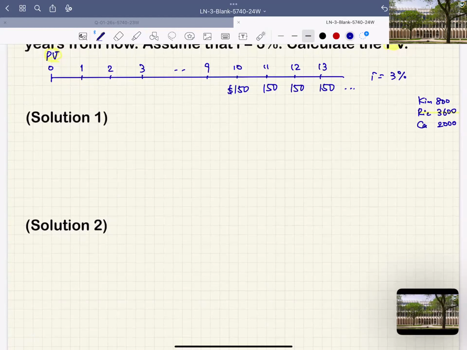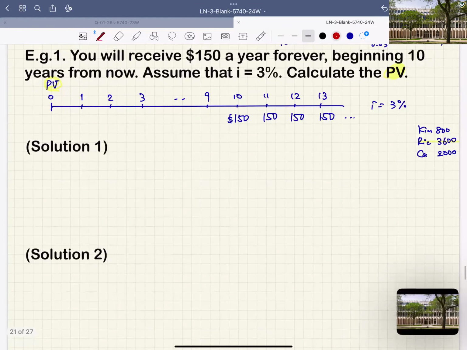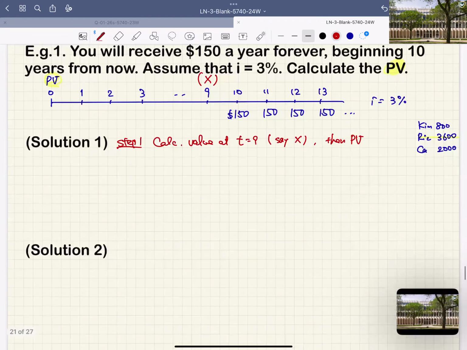One way is to calculate the value at t equal to 9, say x, then PV. So step 1: x is equal to, this is the perpetuity immediate, so $150 times a angle infinity at 3%. That is 150 times 1 over 0.03.